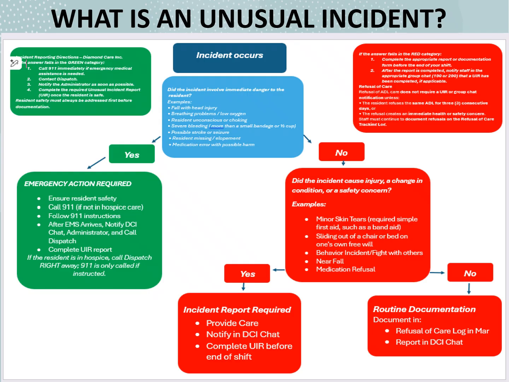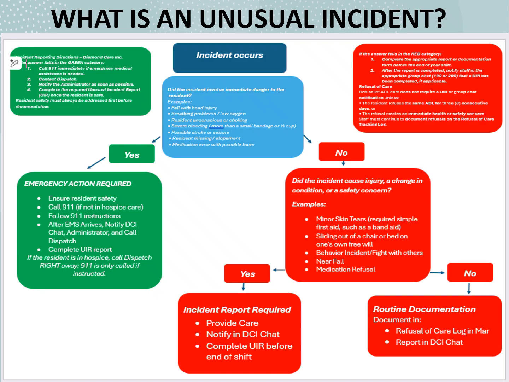So did the incident cause injury or a change of condition or a safety concern? Some examples of that are minor skin tears that just required basic first aid, sliding out of their chair or their bed on their own free will. You witness them doing it, right? And maybe this is the first time of them doing it, right?